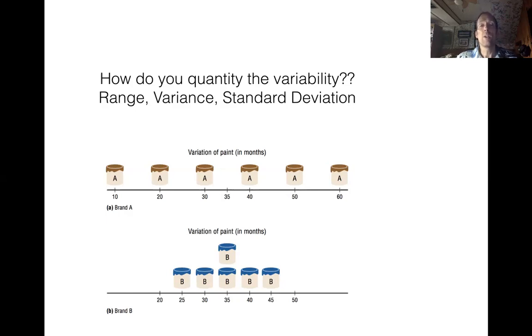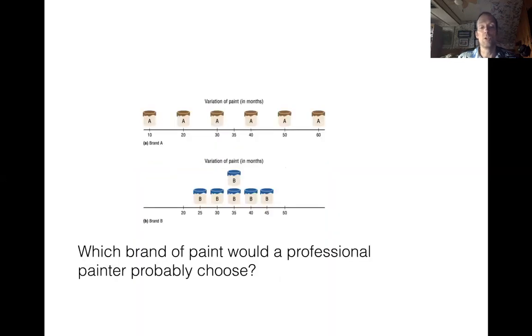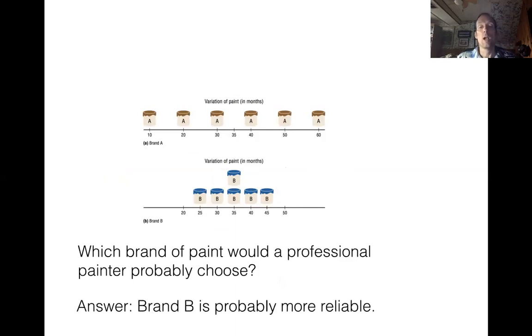What I want you to think about now is, if you were a professional painter, which paint would you prefer? Would you want brand A or would you want brand B, assuming that the dry time is the only difference between the brands? And the answer is brand B, we would probably prefer, because it's much more reliable when it comes to dry times.